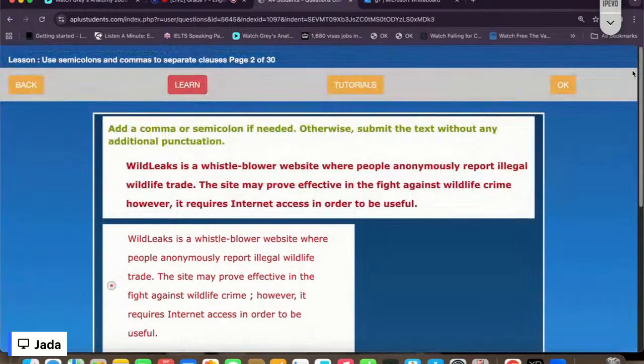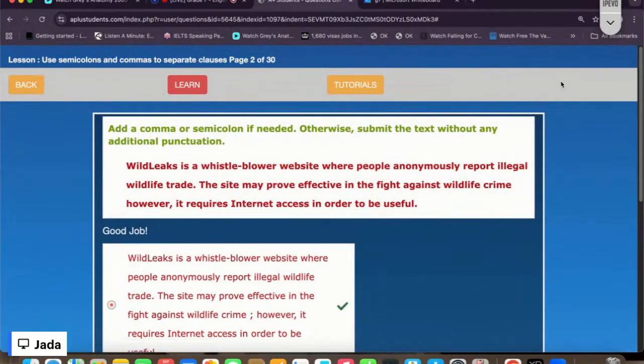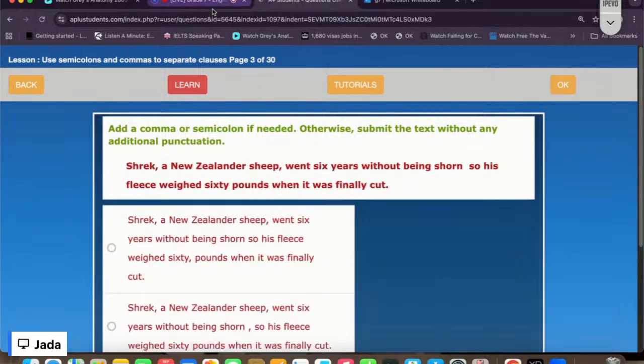Okay, so we have however, so we have to make sure that we have the semicolon first.